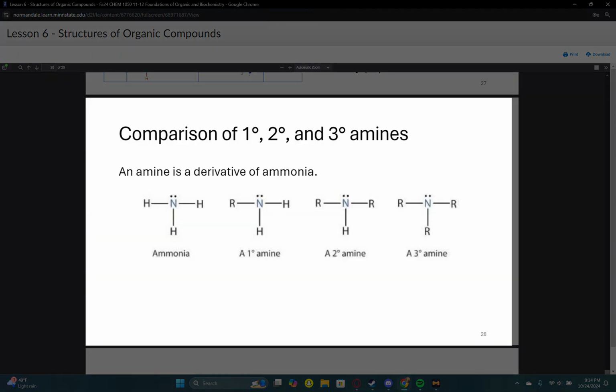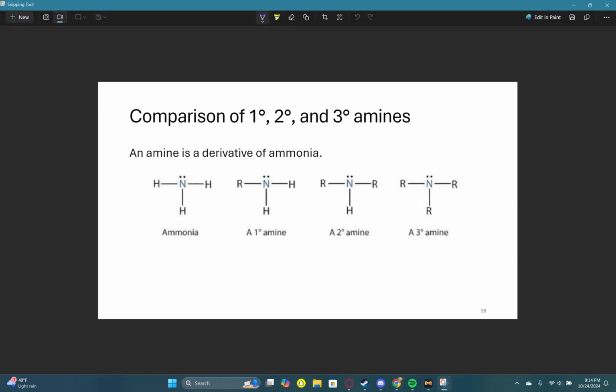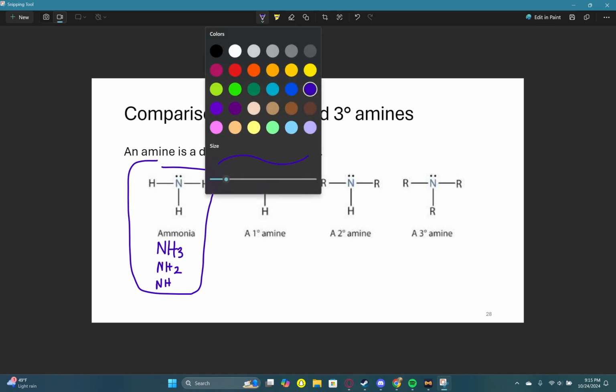I know that amine is a derivative of ammonia, and ammonia can look like NH3, or NH2, or just regular NH. These are the derivatives of ammonia, okay? Now, in order to classify them as primary, secondary, or tertiary, it is pretty much the same thing as it is with alcohols.